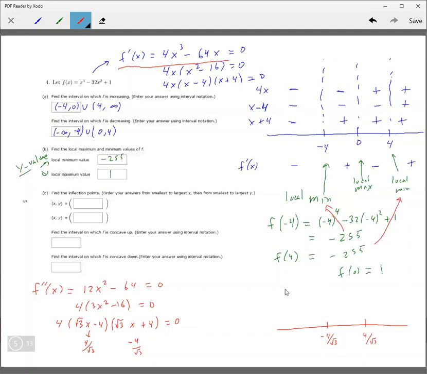Okay, and so I'm going to go ahead and do a little chart here, because we want to find out what the sign of this is. So we have, the factors are 4, and then there's this one, root 3x minus 4, and then root 3x plus 4. Okay, that's always positive. I mean, probably didn't even need to write that down.